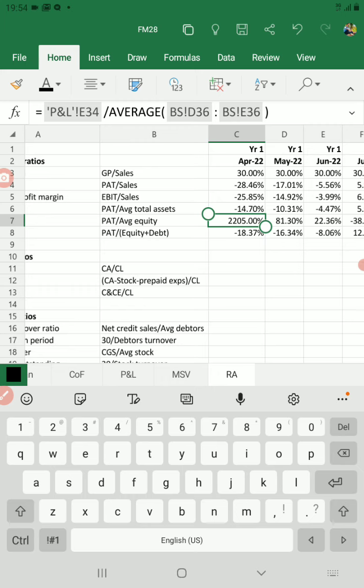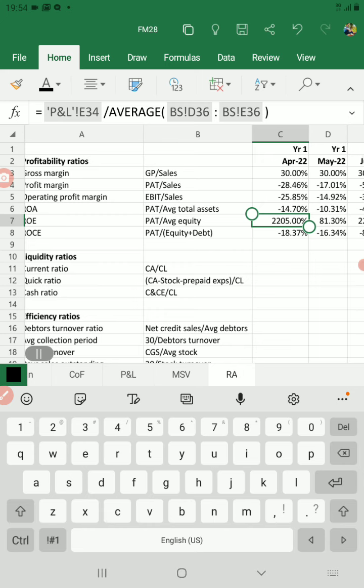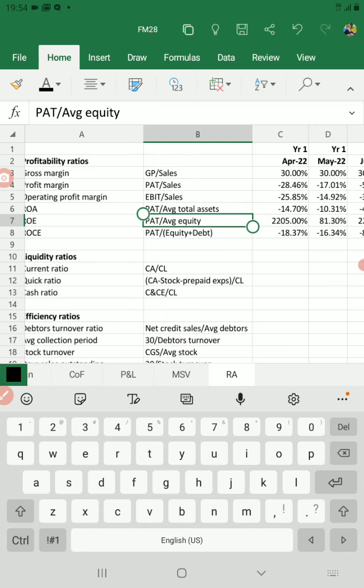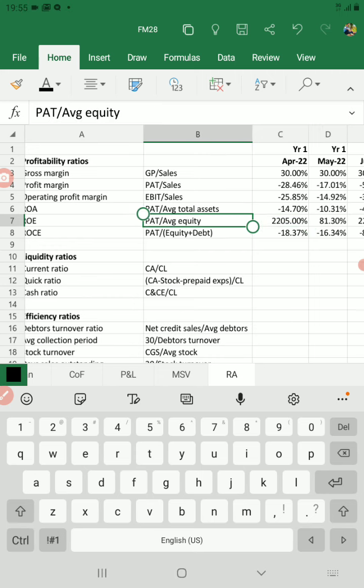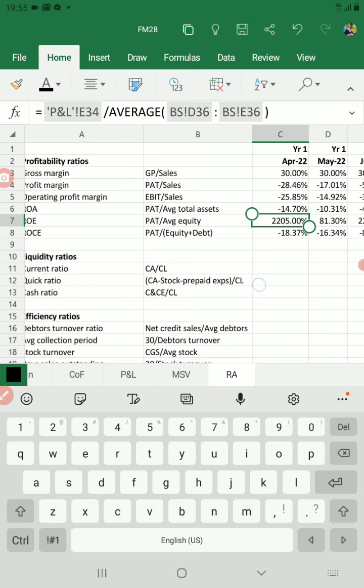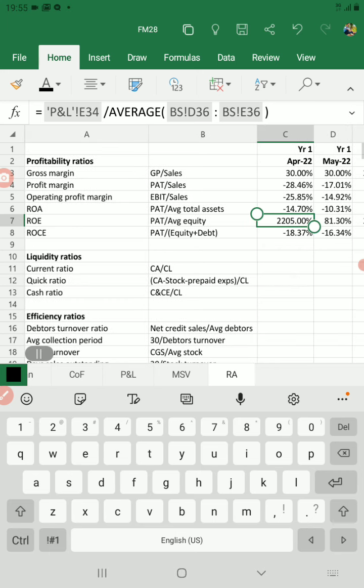There is a lot of leverage during this period, because we have just taken the loan, the loan figure is huge, to operate the business. So there is a lot of leverage. That's why there is this big figure.